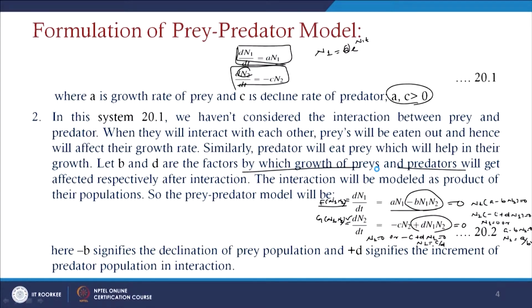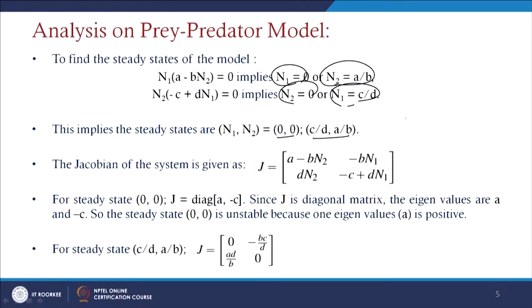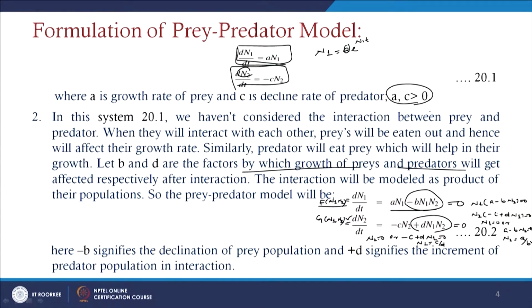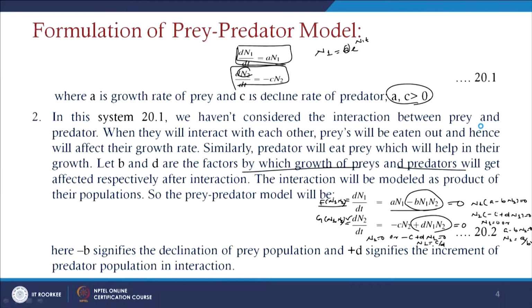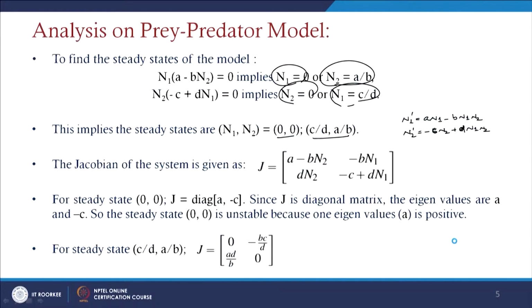So if you write the model directly, the first one is n1 dash, which is written as a n1 minus b n1 n2, and the second one is n2 dash, which is minus c n2 plus d n1 n2.